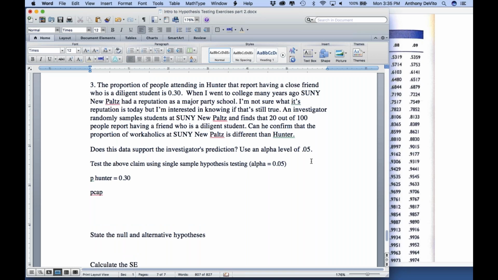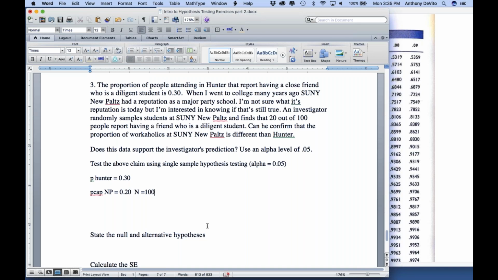P cap for New Paltz is equal to what proportion are diligent students up there? 20 out of 100. They sampled 100 students, and they found that 20 out of 100 is 20%, 0.20, are diligent students. So our sample size is 100.